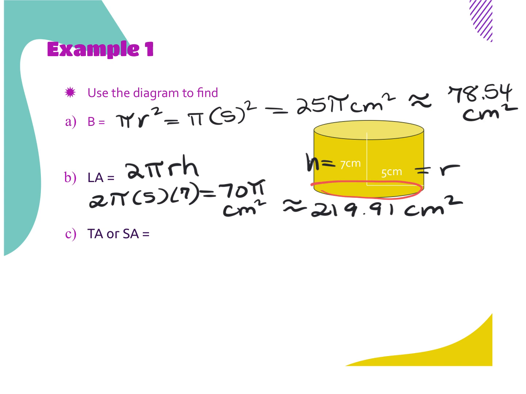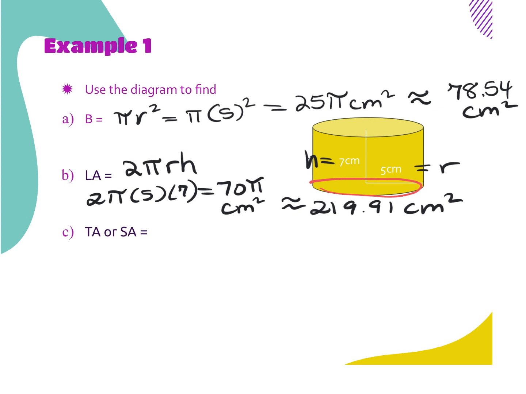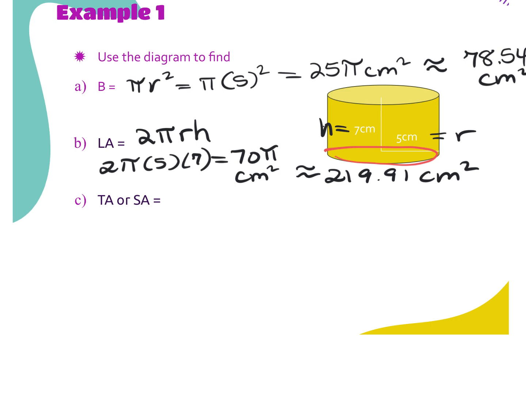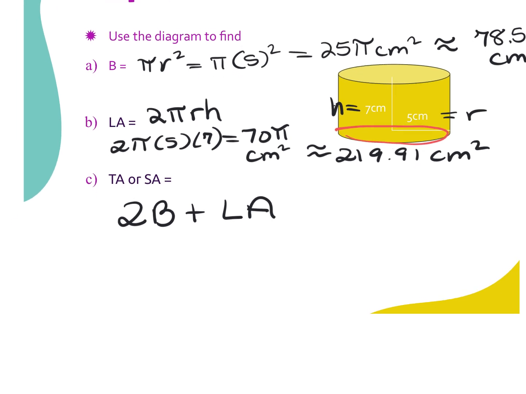Now the abbreviation for surface area or total area, sometimes you'll see the letters TA for total area. Sometimes they'll refer to it as surface area. But again, that formula, 2 times the base area plus the lateral area. But what's nice about a cylinder, it's just a set formula because that base shape will never change.